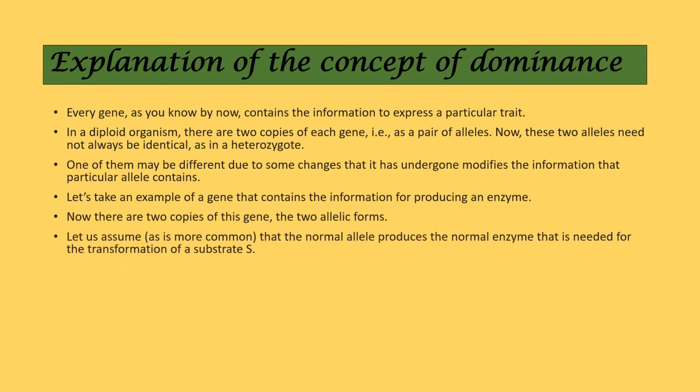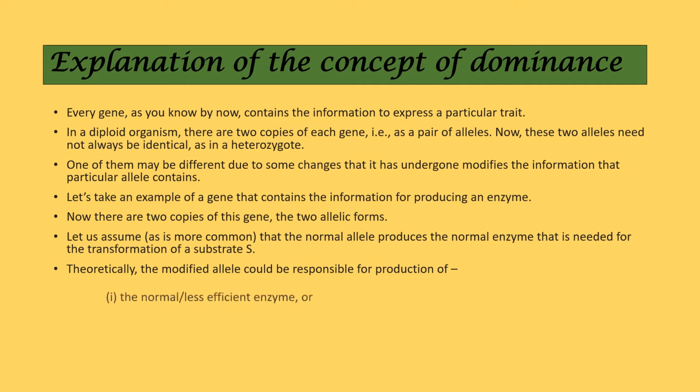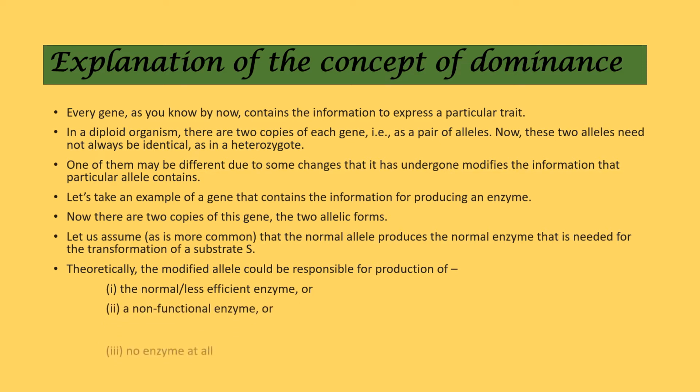Let's assume that the normal allele produces the normal enzyme that is needed for the transformation of a substrate S. Theoretically, the modified allele could be responsible for the production of the normal or less efficient enzyme, or a non-functional enzyme, or no enzyme at all.